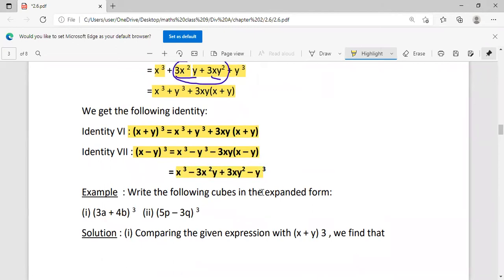Now we have some questions, some examples given to you.